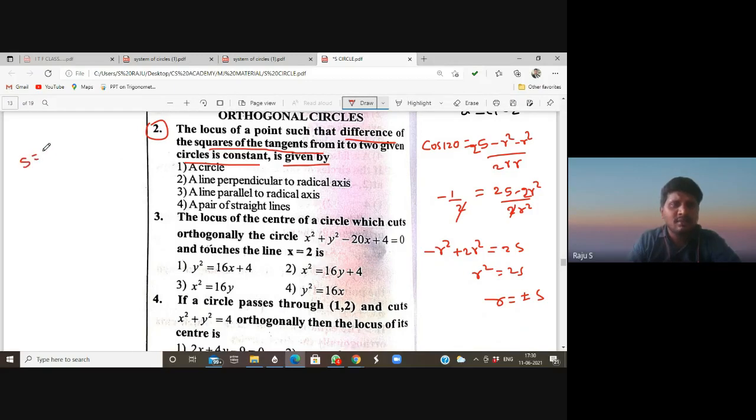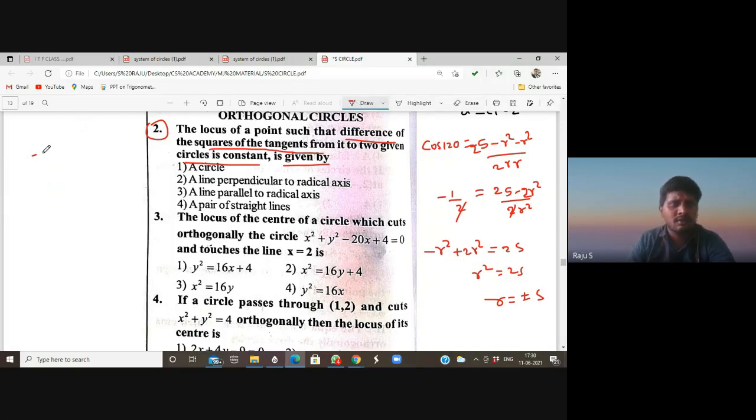For example, S is equal to 0 is the equation of a circle, already discussed in circles. The tangent we can write as S1, or S dash. To understand this I am going to take two circles here.